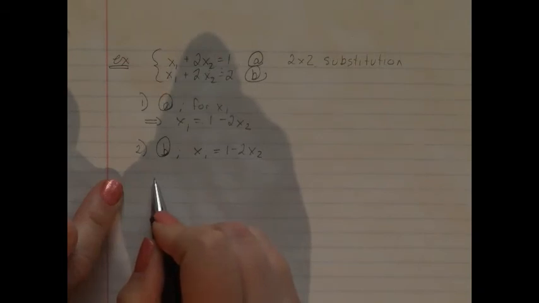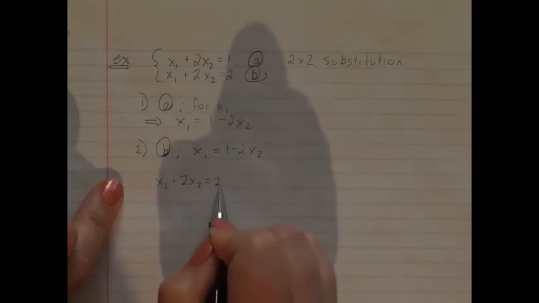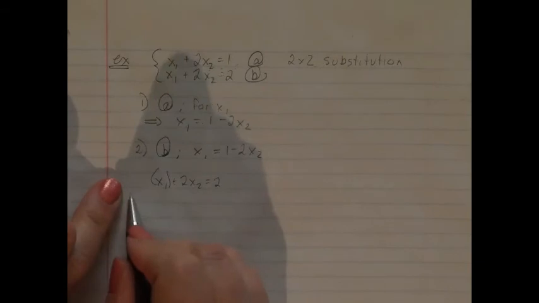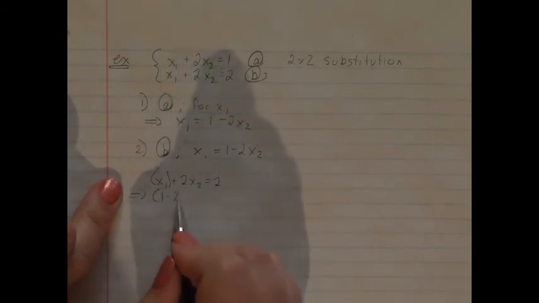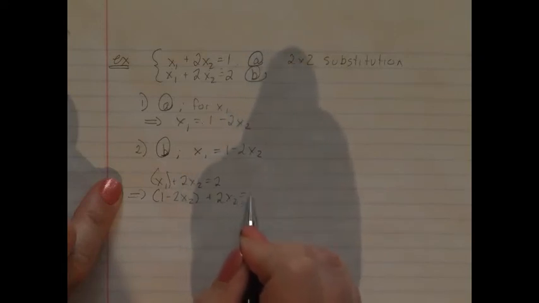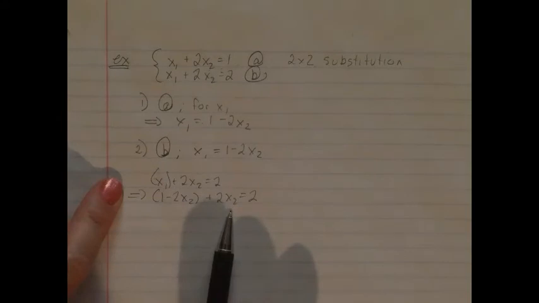So equation B is x1 plus 2x2 equals 2. And I'm going to use substitution for x1. I have 1 minus 2x2 plus 2x2 equals 2. Notice that everything now is in terms of one variable. That's the way it should be.